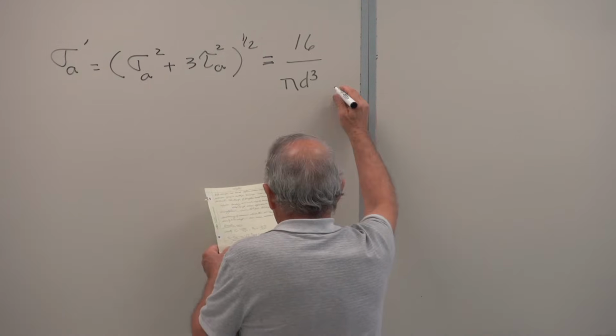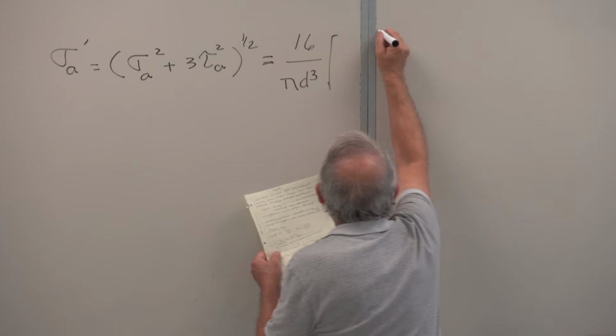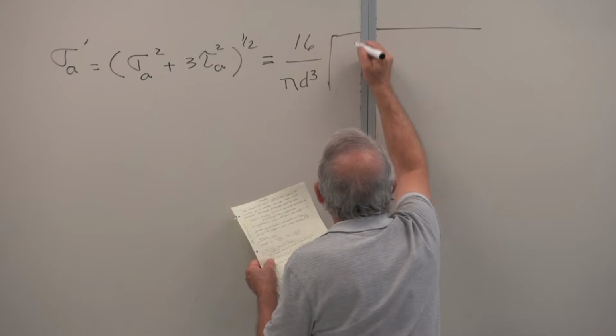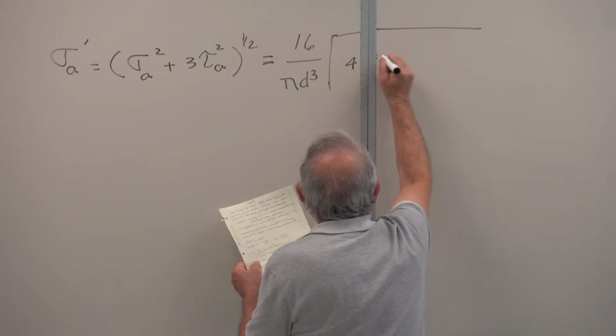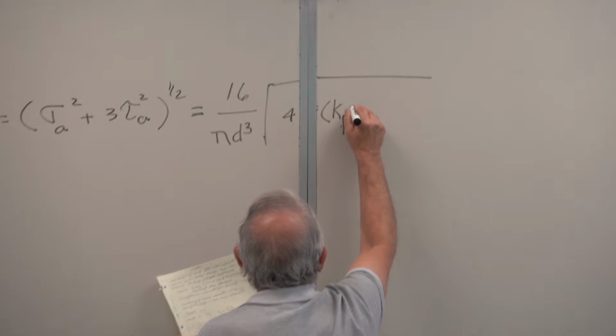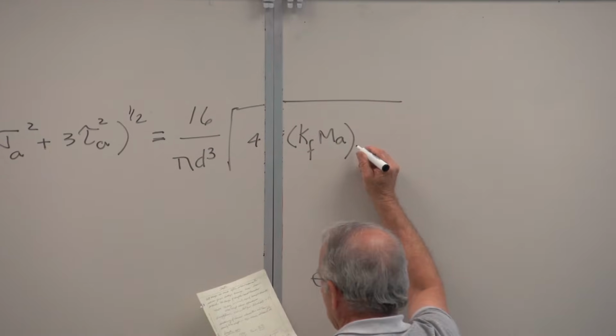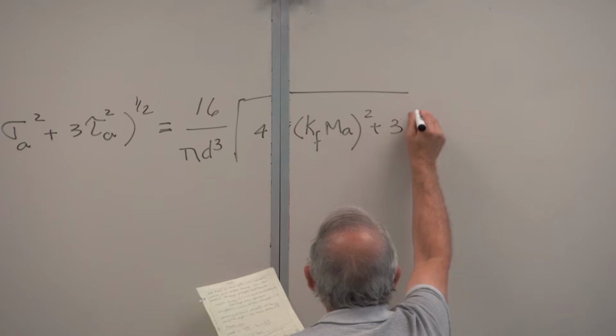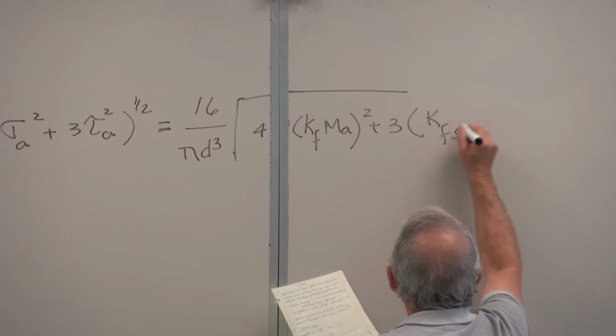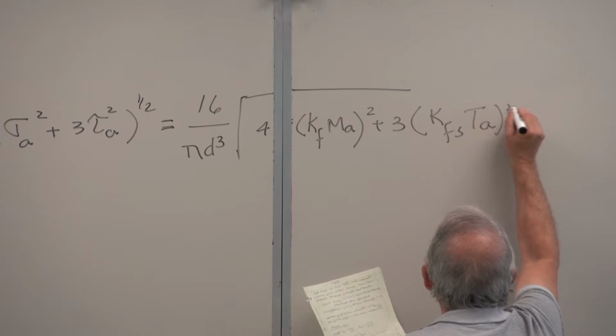This is what we get: the square root of 4 kf ma squared plus 3 kfs ta squared.